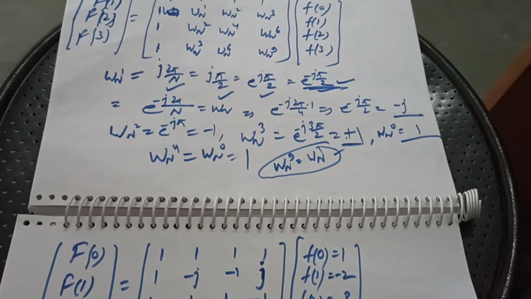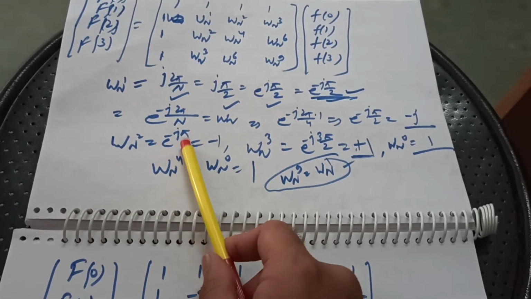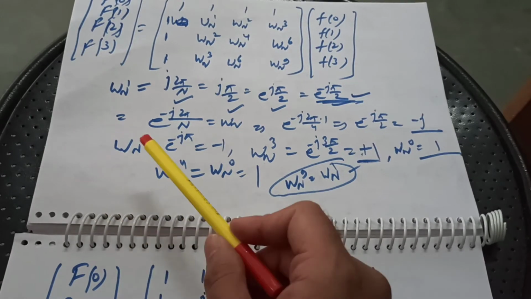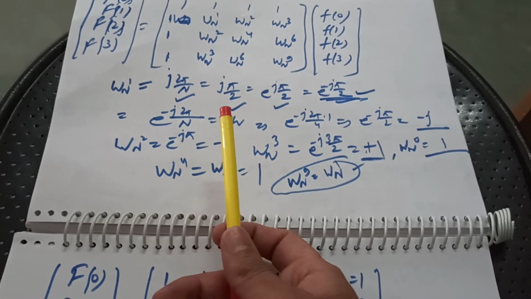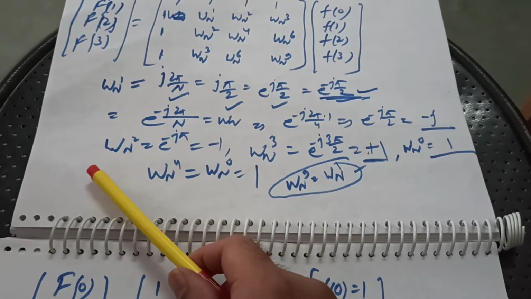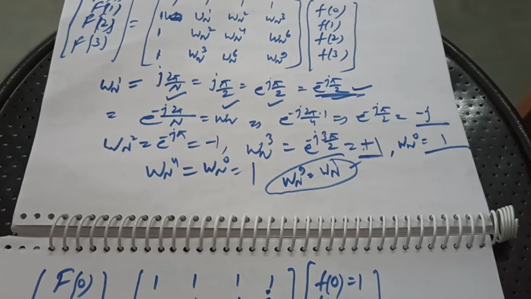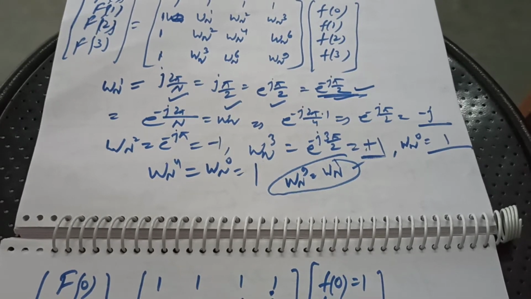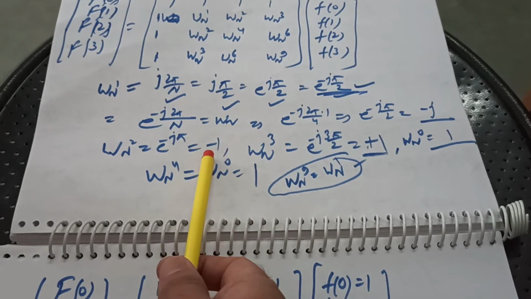Wn2 will give us the value of minus 1 because this is a 4-point DFT, so capital N becomes 4, so e to the power minus j 2 pi by 4 into 2, so you are sure to get e to the power minus j pi, that is minus 1.